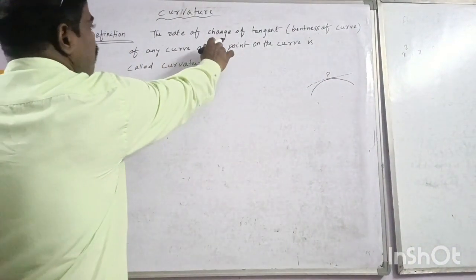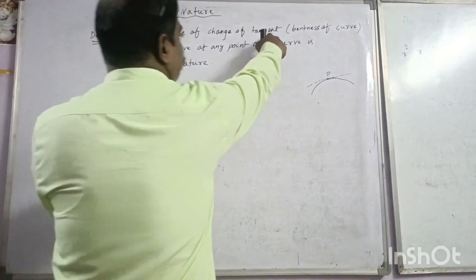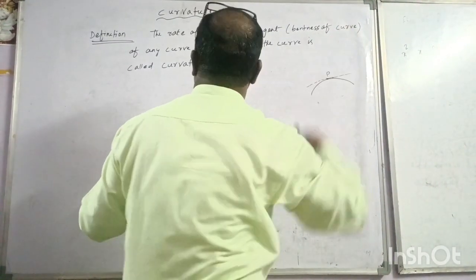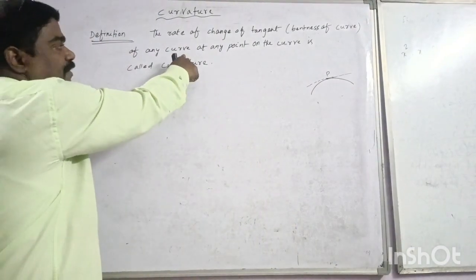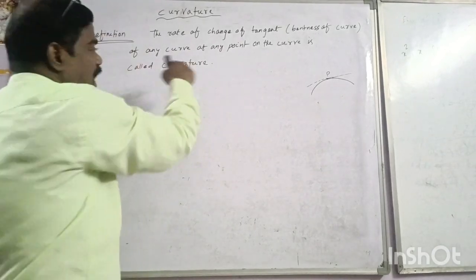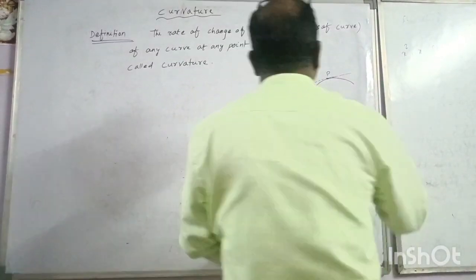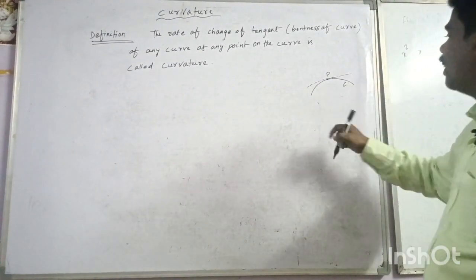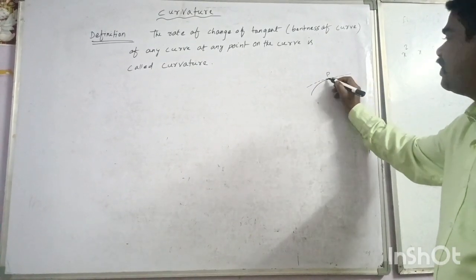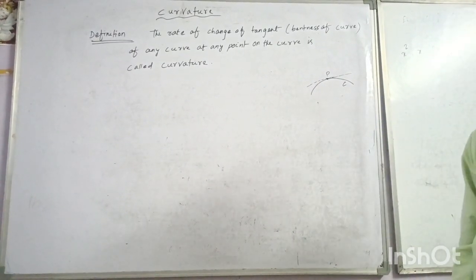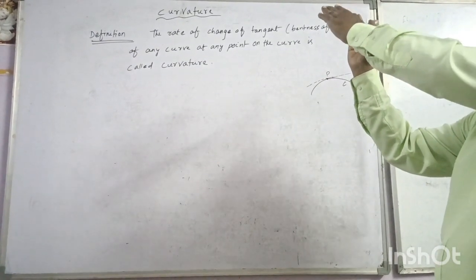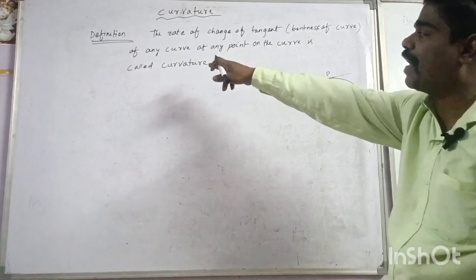The rate of change of tangent. Bentness of a curve at any point on that curve is called the curvature. See here, this is the curve. I draw my tangent at the point P. How much it is bent, that part is said to be the curvature.